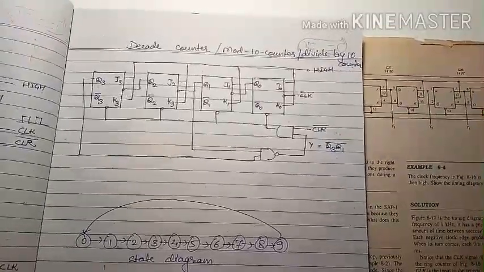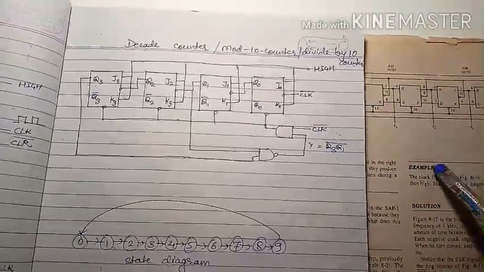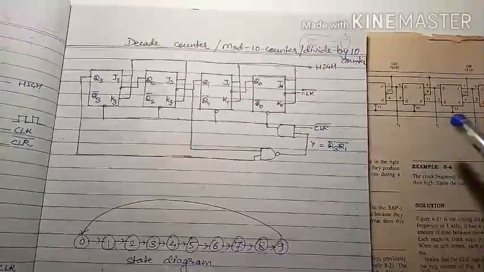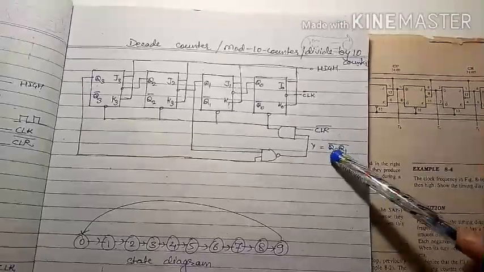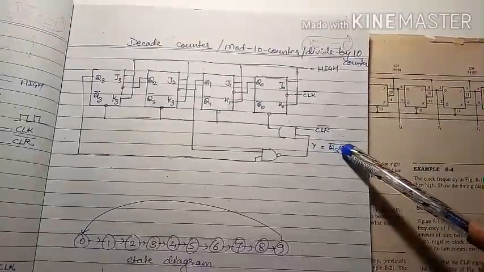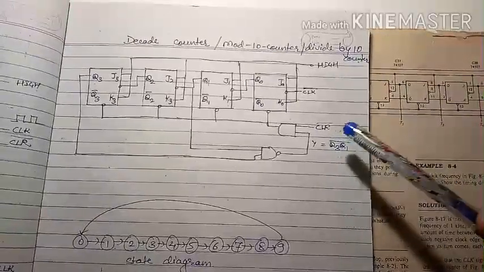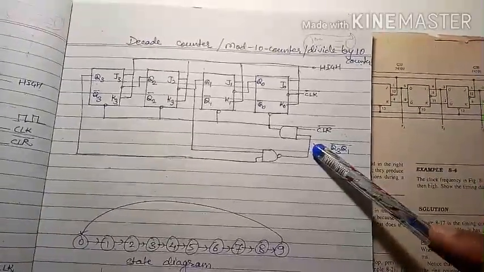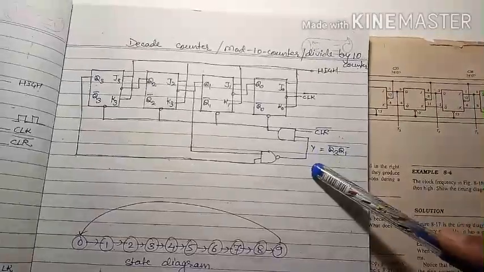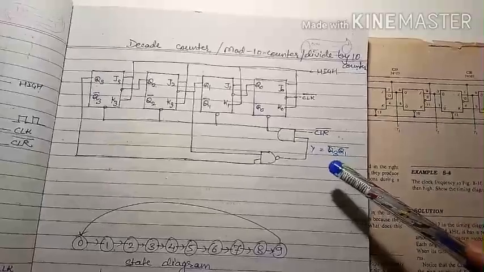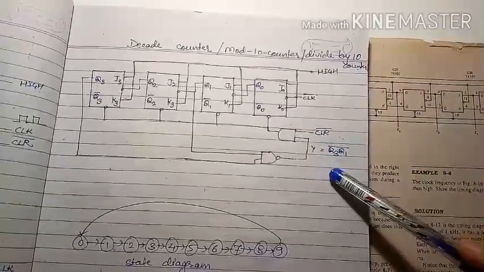So when Q becomes 1010, Q3 and Q1 are high. Almost immediately Y goes low, as Q3 and Q1 become high: 1 and 1, its complement is 0. So Y goes low, forcing the counter to reset to 0000. Y then goes high and the counter is ready to start again.